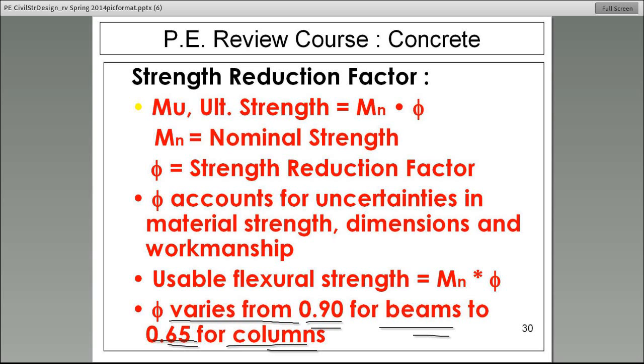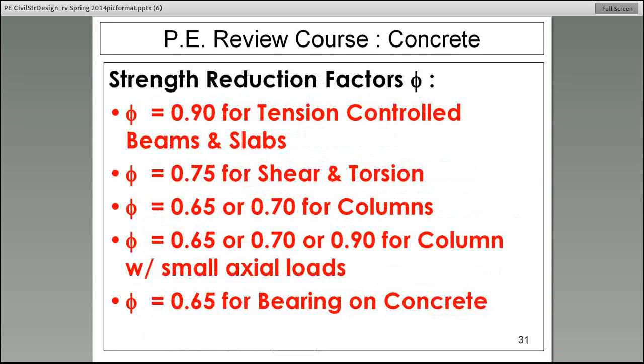So the phi factor varies, and this is all dictated by the design code. If it is a beam, it's 0.9. But if it's a column, it's 0.65. It's a higher reduction because columns are much more critical elements than beams are.